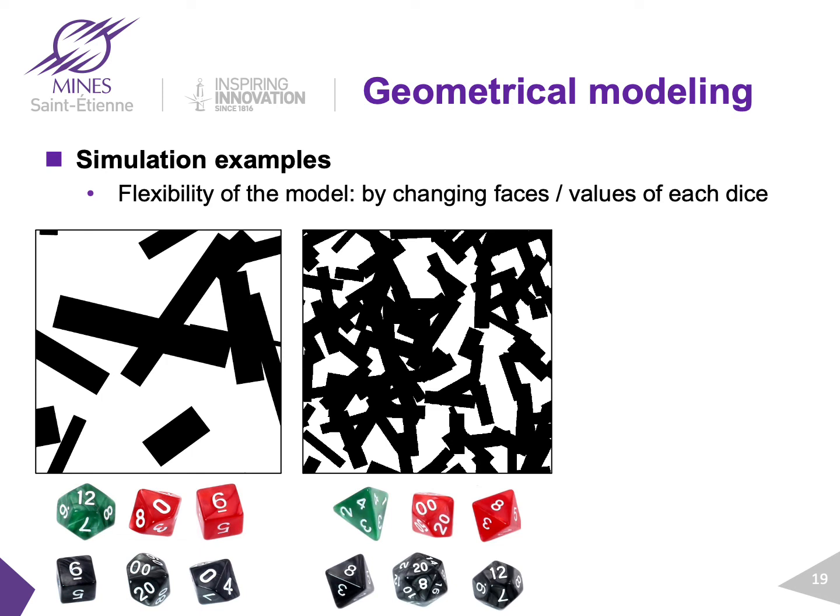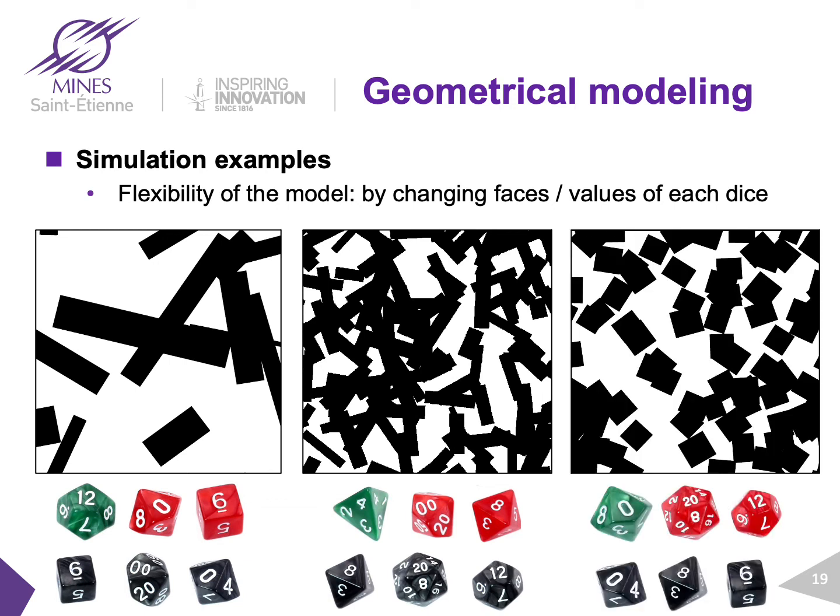But if I change my dice with different faces, different values, I can have, for example, this kind of realization where you have many more rectangles, which are smaller on average. Or I can also simulate some rectangles which are close to squares. So just by changing my dice, so as I told you, by changing the probability distribution.